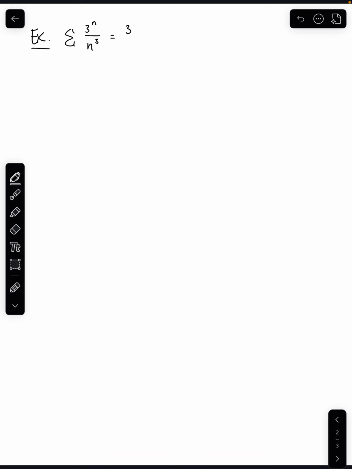When n is 1, we have 3 to the first over 1 cubed. Then we have 3 to the second over 2 cubed. Then we have 3 to the third over 3 cubed. Then we have 3 to the fourth over 4 cubed. And then 3 to the fifth over 5 cubed.